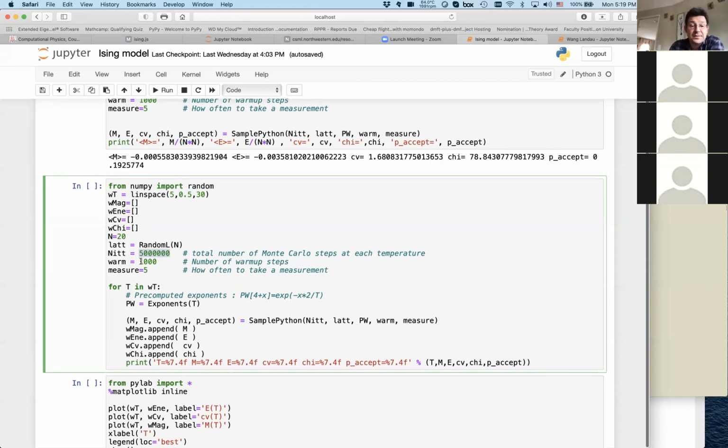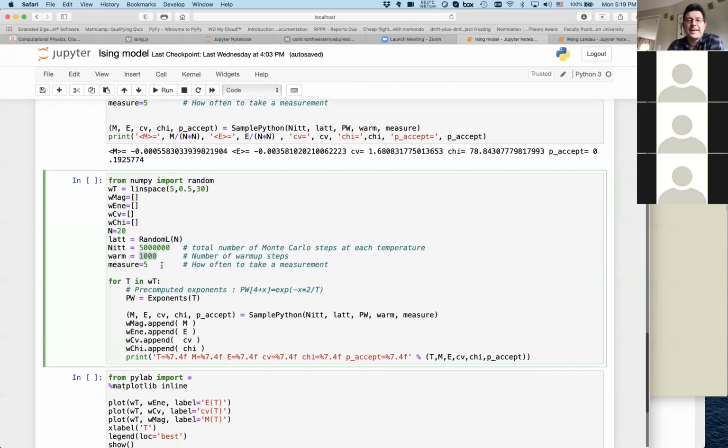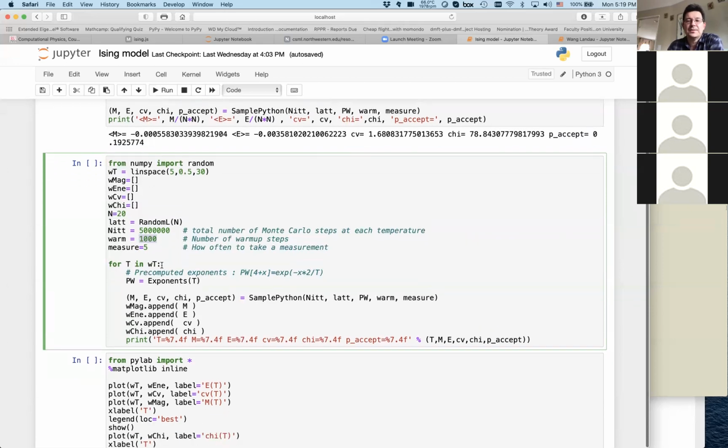Okay, so the warm-up steps is going to be only 1,000, and I justified before that we don't need a very large warm-up time. We could reduce this number even further because we are making relatively small steps of 1/2 in temperature. So our previous configuration is a good approximation for the next step. And of course, measurement is going to be only every 5th step.